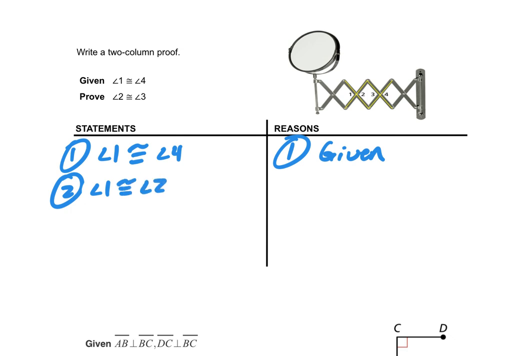Angle 1 is congruent to angle 2, but I'm going to write this in just one step because they're both using the same reasoning. It's not wrong to write it out as 2 separate steps, but we can combine this into one.